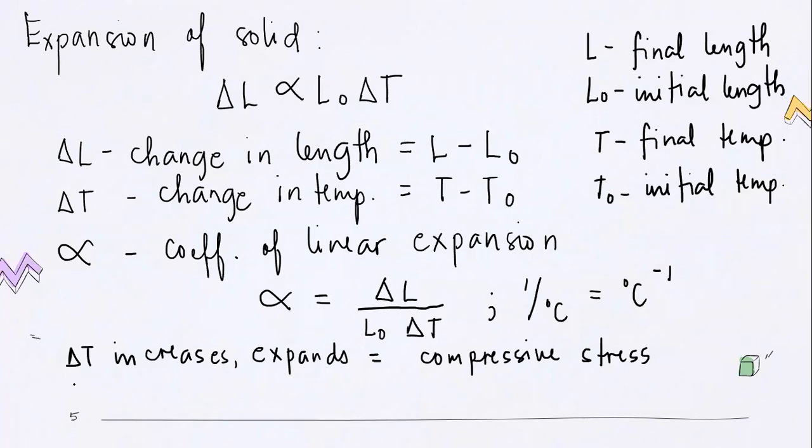As delta T decreases, the material contracts, which produces tensile stress.